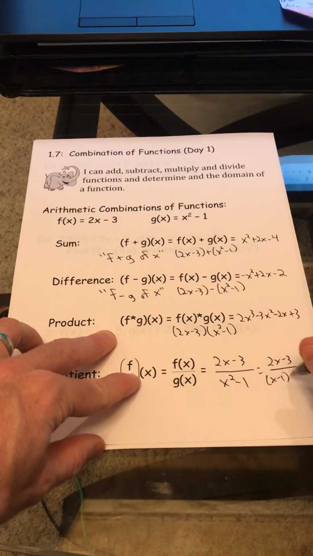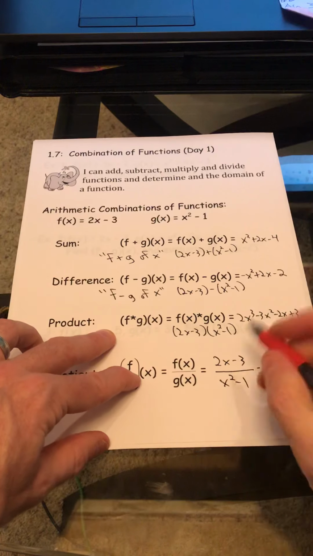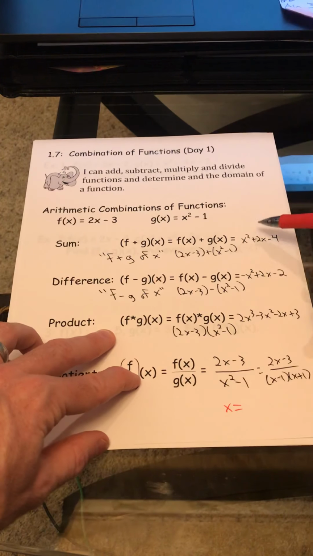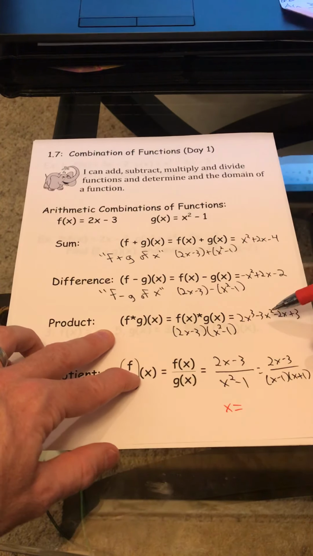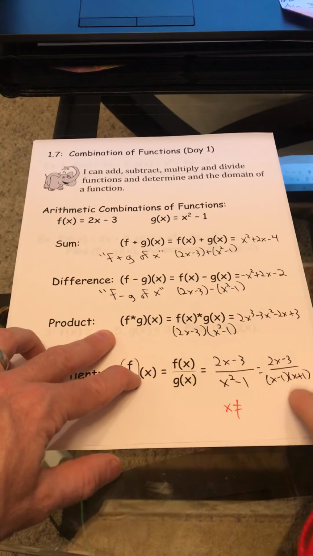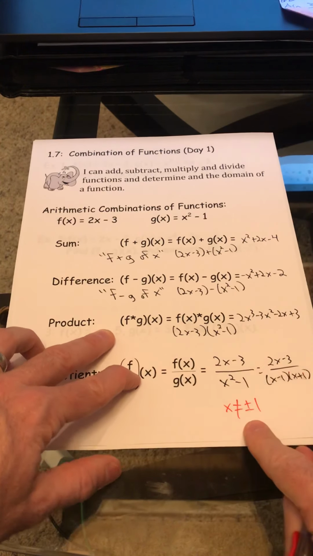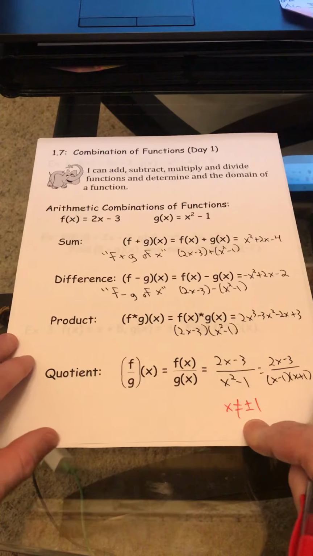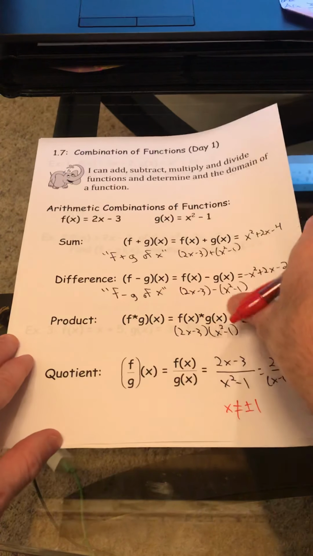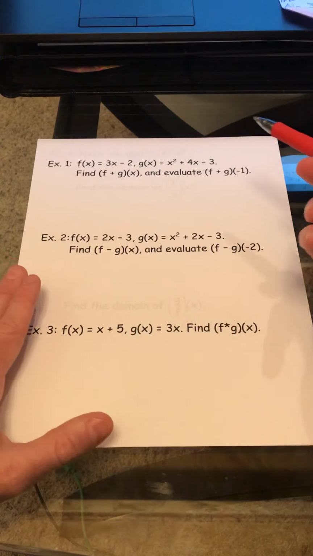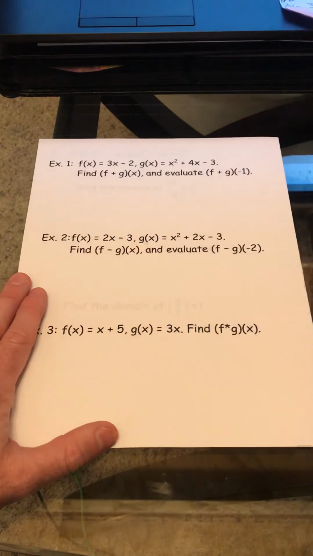And as we work forward, the main thing is, unlike the sum, the difference, or the product, there are restrictions. x cannot equal positive and negative 1, and we'll talk more about domains as we work further into this section.